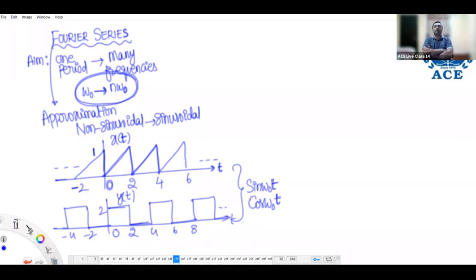Why are we bothering about power? When you do an experiment in the lab, we give a certain power supply. Assume we have given a 5 volt supply, out of which 4.4 volts is taken by the periodic signal itself.